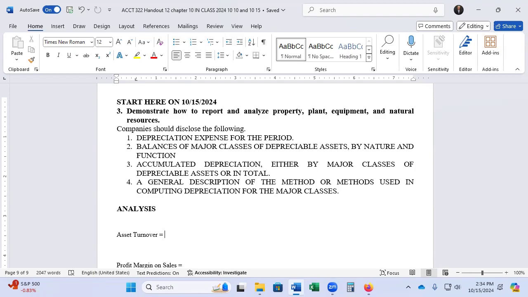Okay, now we're looking at what is covered in the analysis section. And the first one is asset turnover. The formula is net sales divided by average total assets.